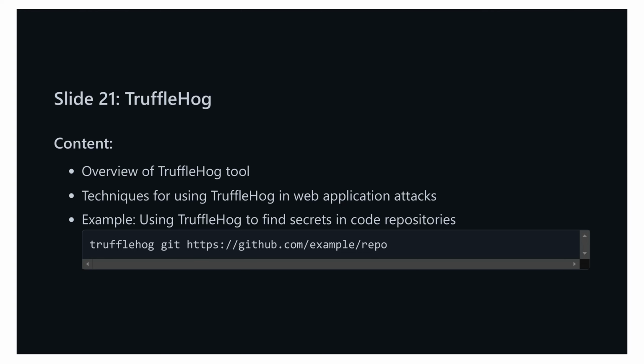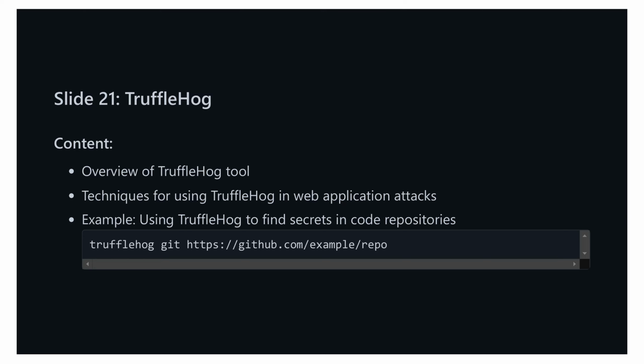In practice, when using Truffle Hog during a web application security assessment, you can help identify areas where proper secret management protocols may not be in place. Uncovering these hidden secrets allows you to alert the development teams about potential vulnerabilities before they cause any damage. Next up on slide 22, we'll be diving into Burp Suite, another powerful tool that offers various capabilities for web application security testing.